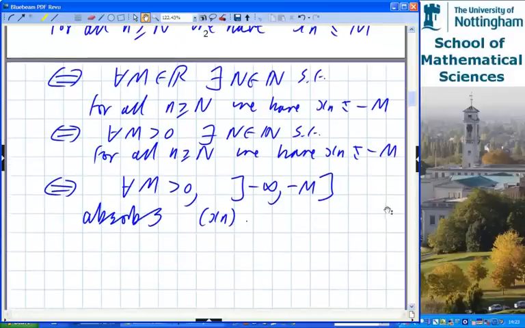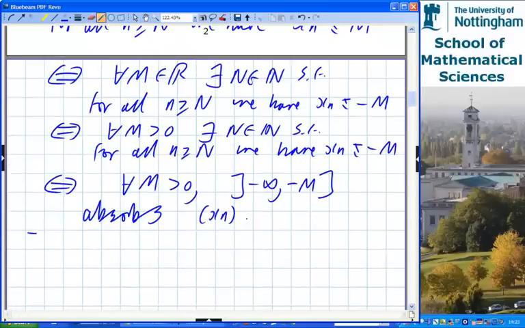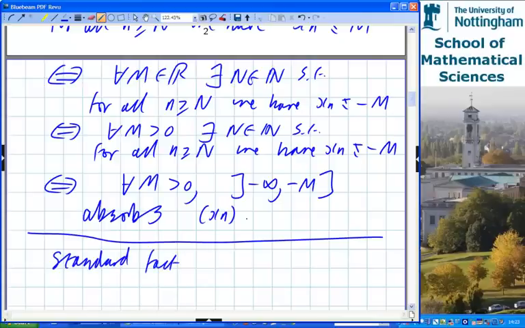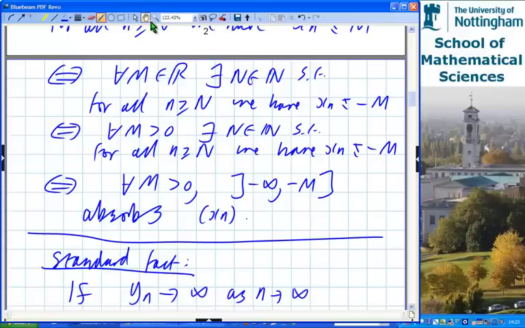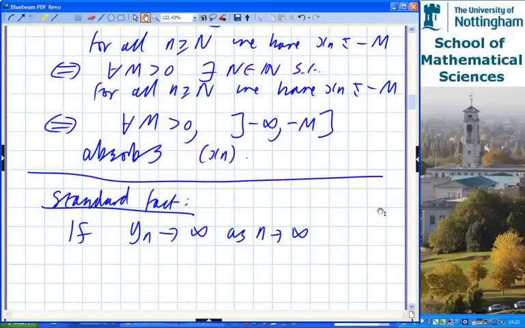I will now give you for free, to help you with the next question, here's a standard fact you could use. If yn tends to infinity as n tends to infinity, then every subsequence of yn also tends to infinity.